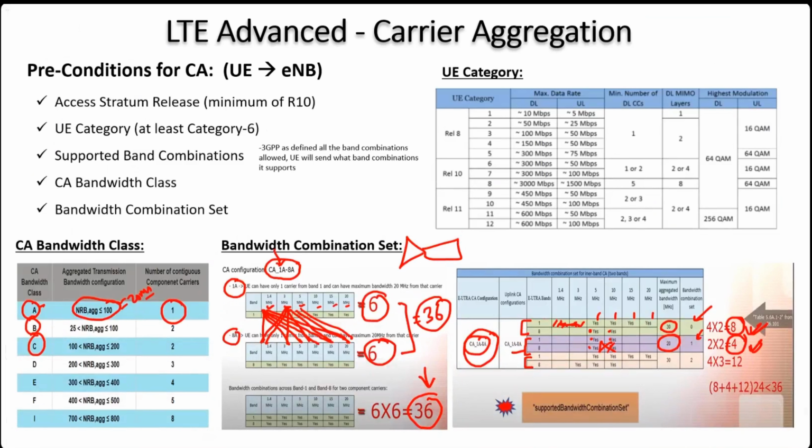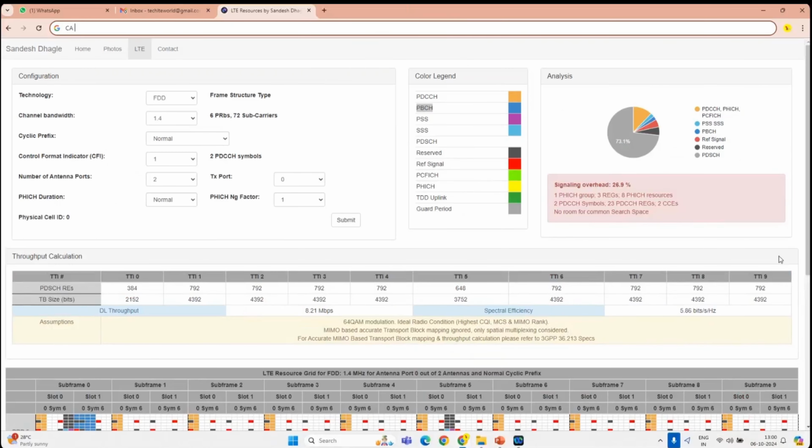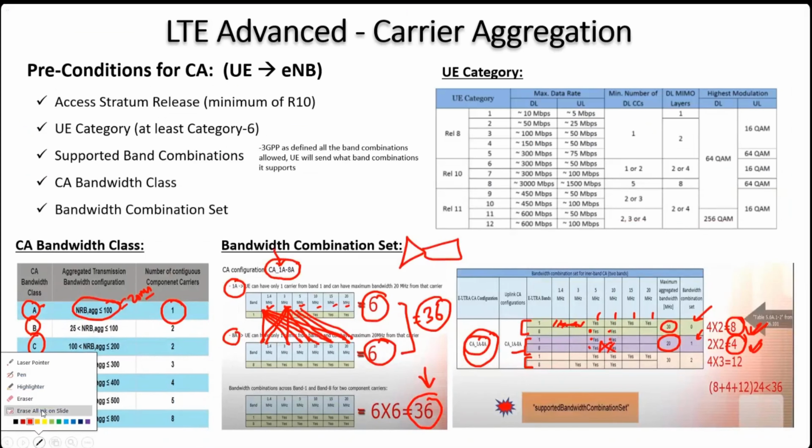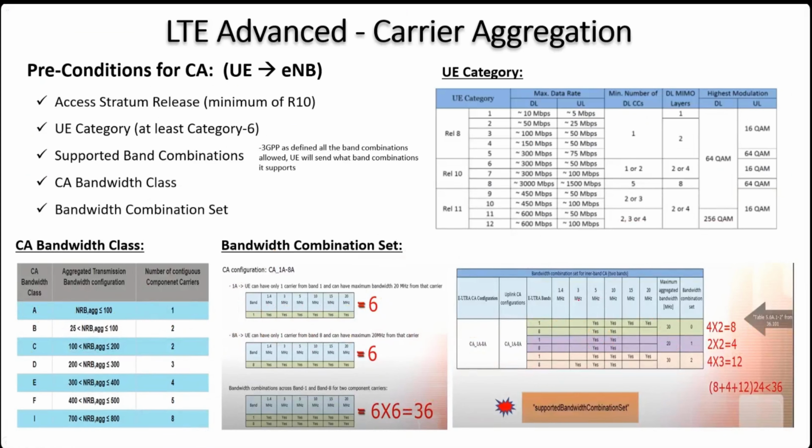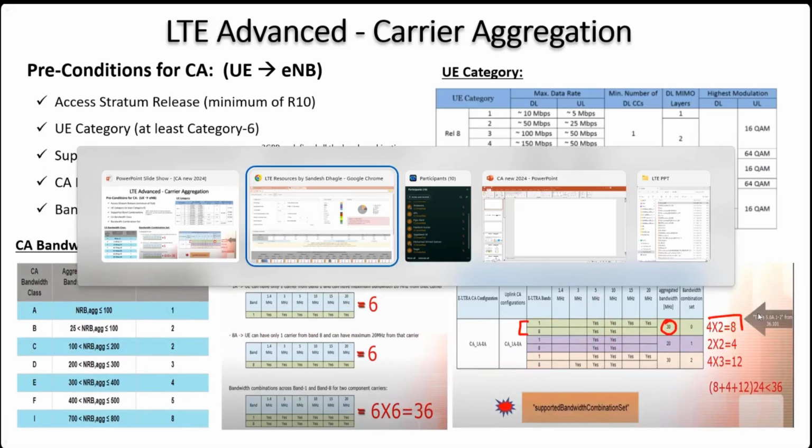In that, one can be the primary and the others can be used as secondary. It totally depends on which UE it has latched with. Through whichever it is latched, that will become the primary. And don't get confused with this table, thinking I am just putting in by myself that from here you take only 30 megahertz aggregate and take only 8. No, it is well defined in 3GPP.